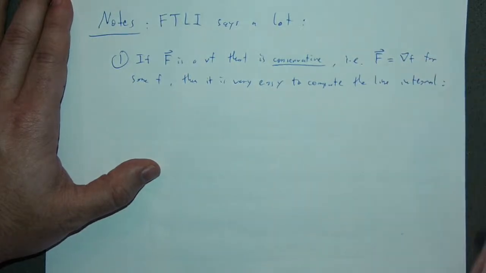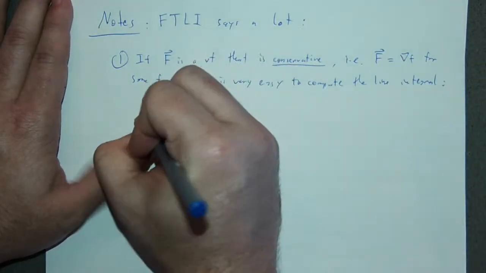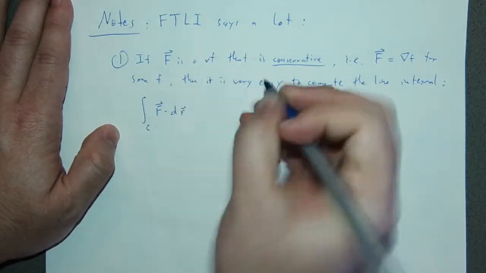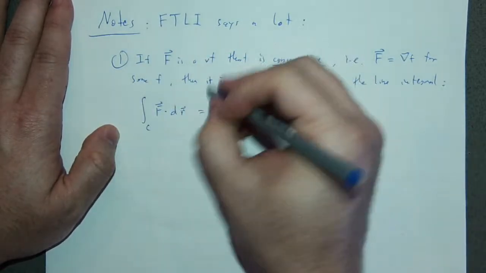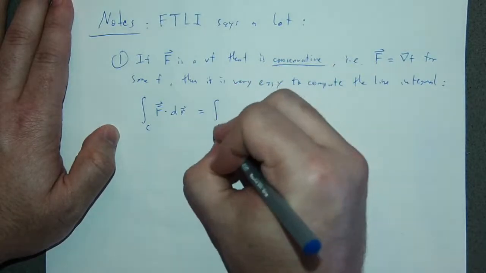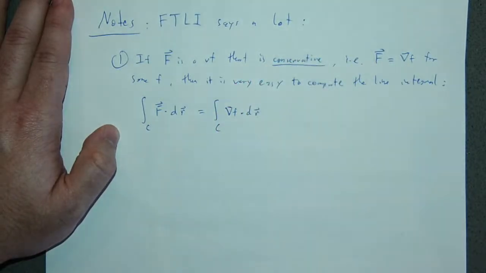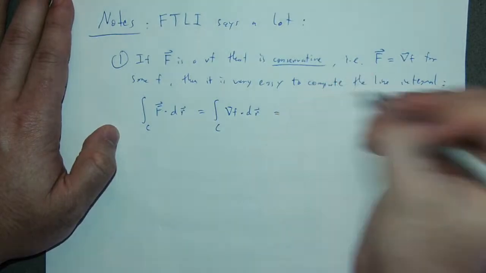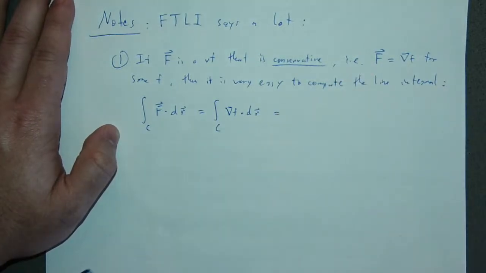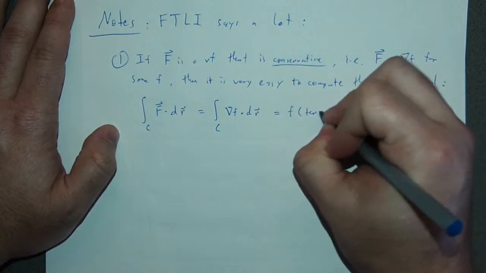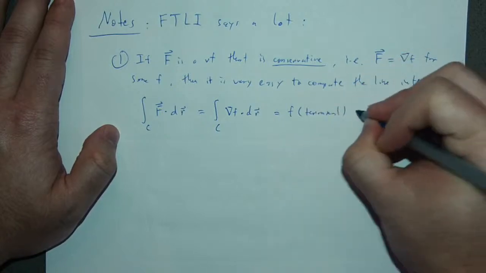Why? Well, in that case, since F comes from the gradient, this is the line integral of the gradient of little f, which is just point minus point. It's just little f of terminal minus little f of initial.